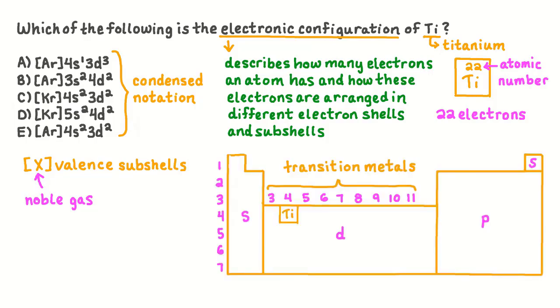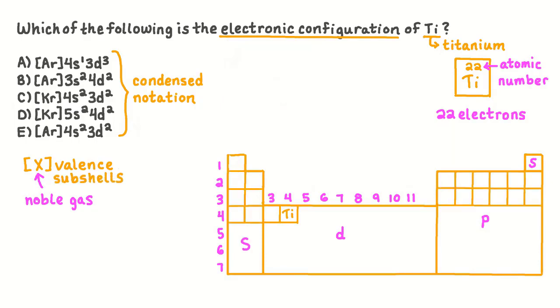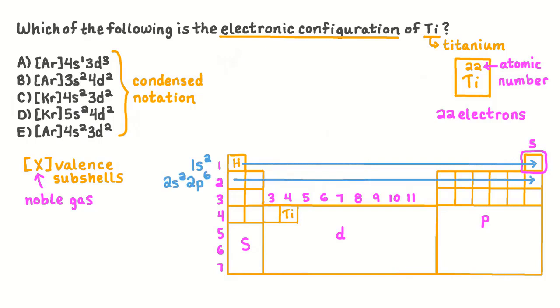Titanium is the second transition metal element in period 4 on the periodic table. Let's use the periodic table to fill the subshells in a titanium atom with electrons. Starting with hydrogen and moving across period 1, we fill the 1s subshell with 2 electrons. So we write 1s2. Moving across period 2, we fill the 2s subshell with 2 electrons and the 2p subshell with 6 electrons.